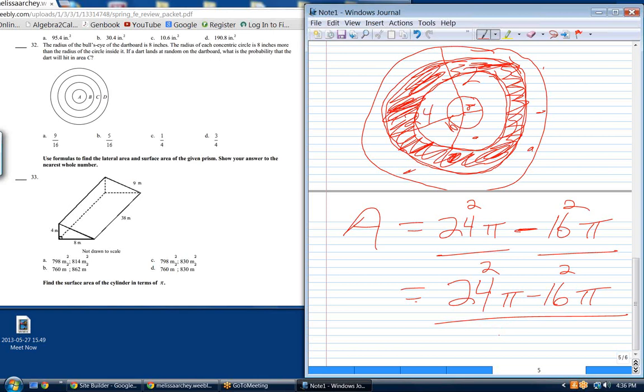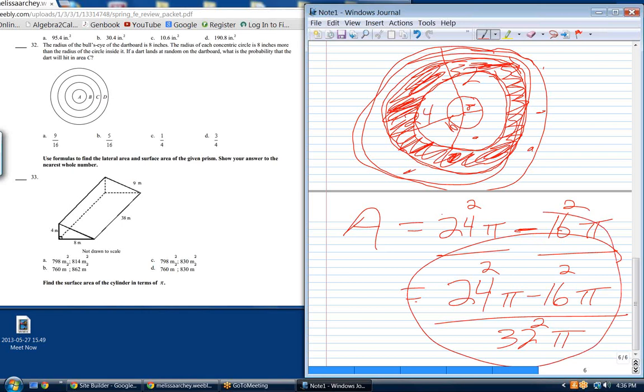The area of the outside circle is the area of the whole dartboard. Oh, so 32 squared pi? There's your answer. Whatever that comes to be.